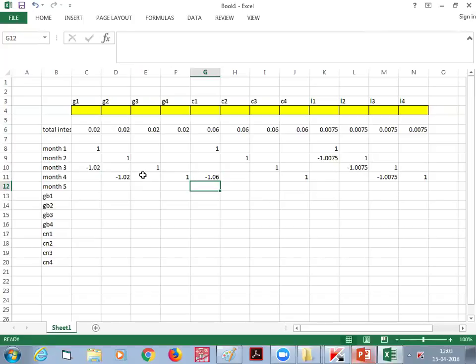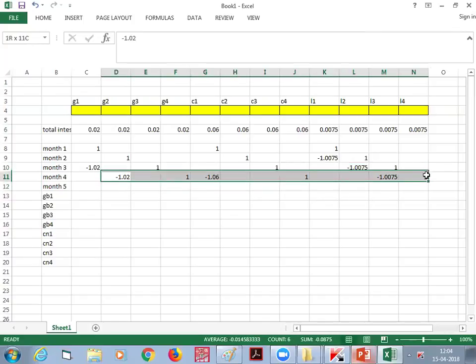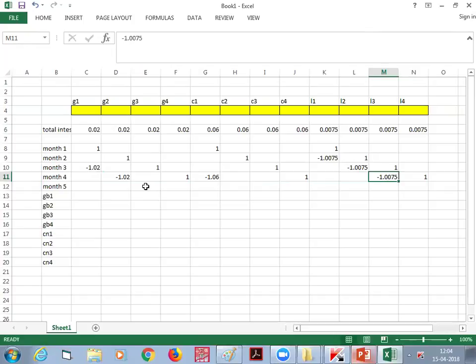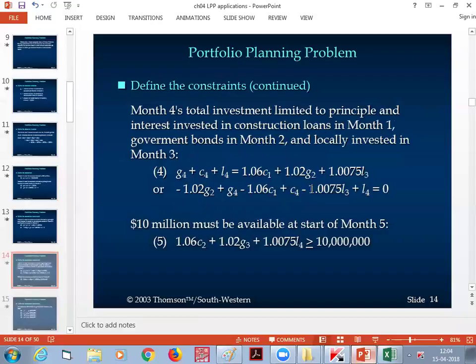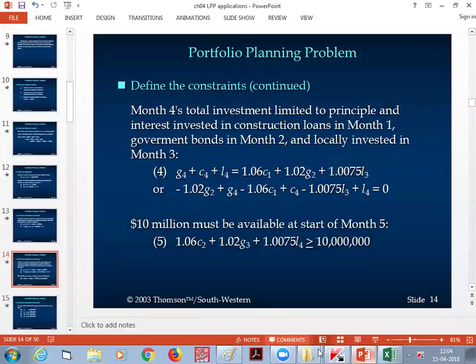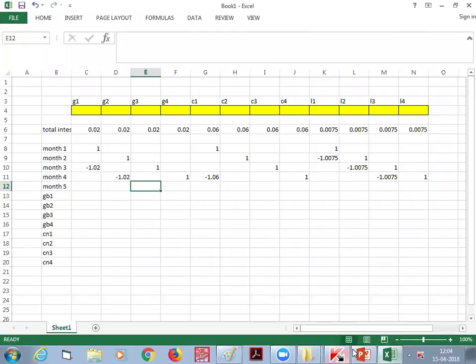And in fact, we can just copy this down. Well, it will become greater than or equal to. Okay, so this is done. Then this one is done for month 4.